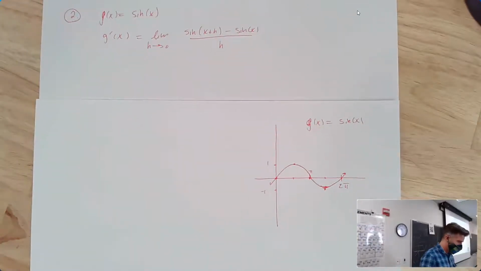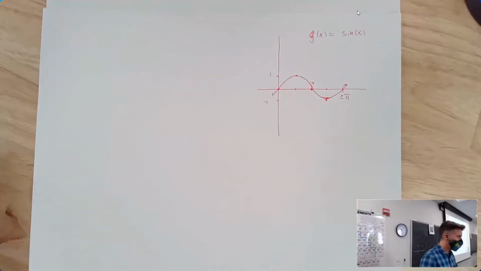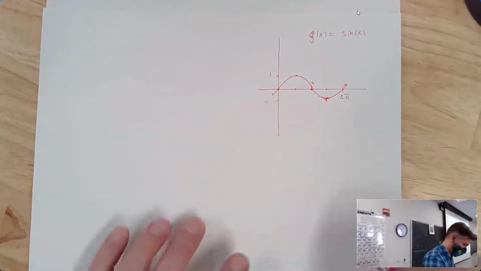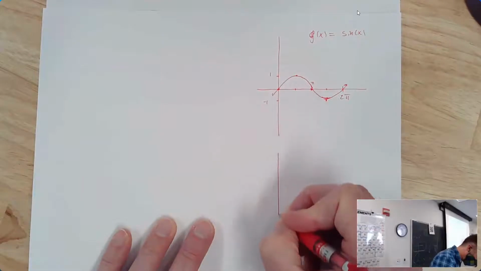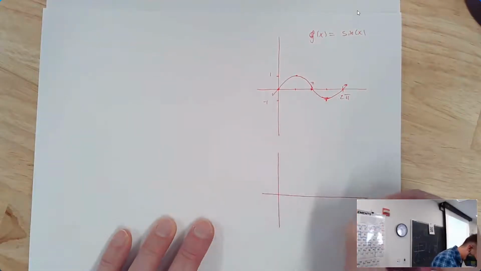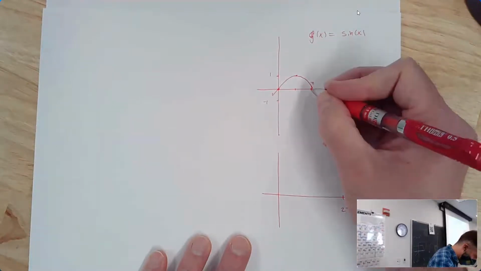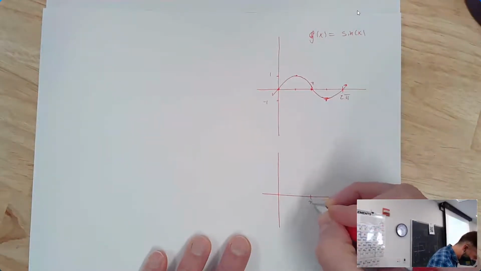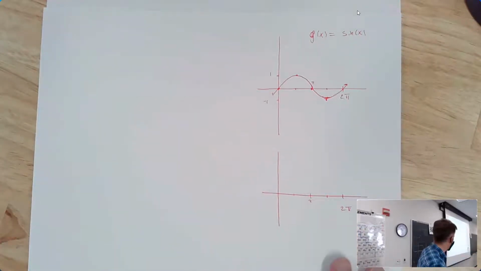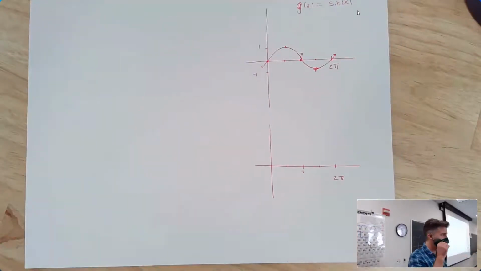Now what I really want to do is graph its derivative. I don't want to give away the answer, so I'm going to just move these down. How do we graph the derivative of the function if we know the original function? Well, the derivative is the slope of the tangent line, the rate of change.